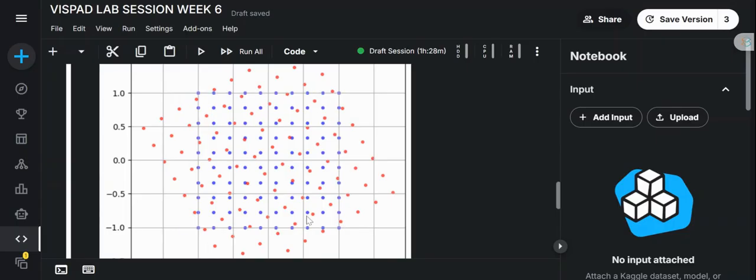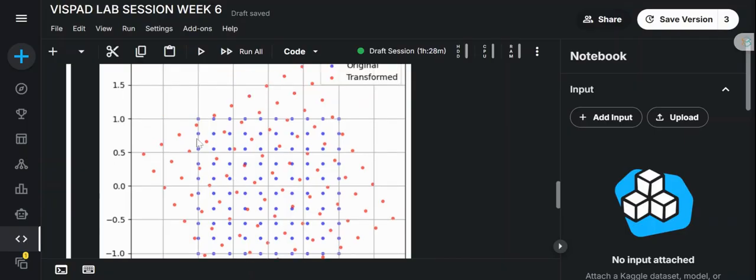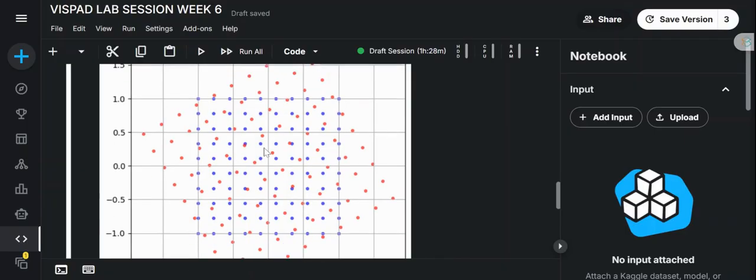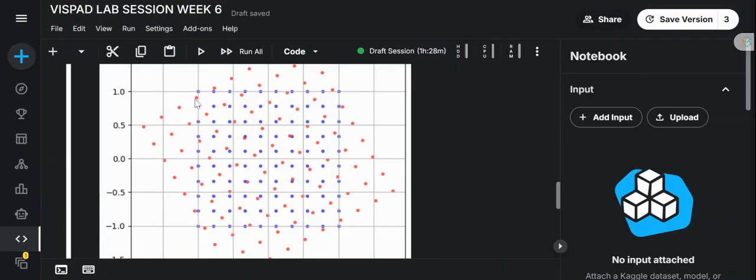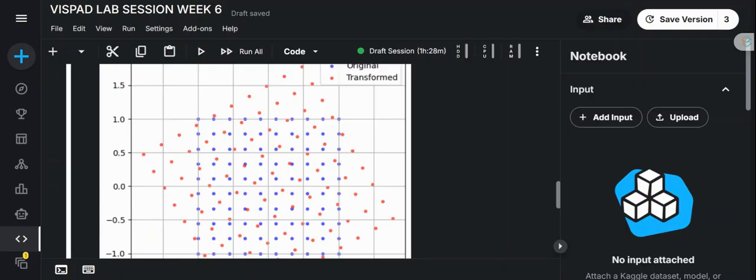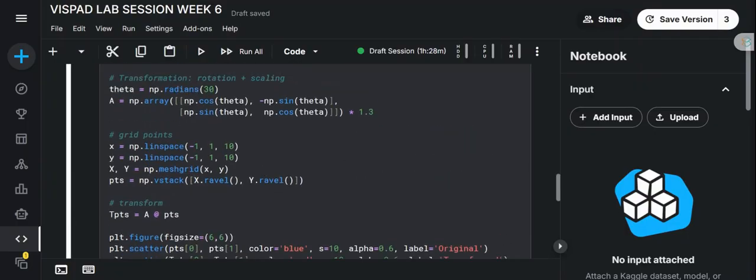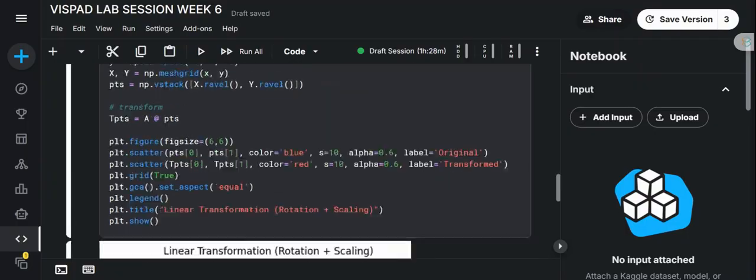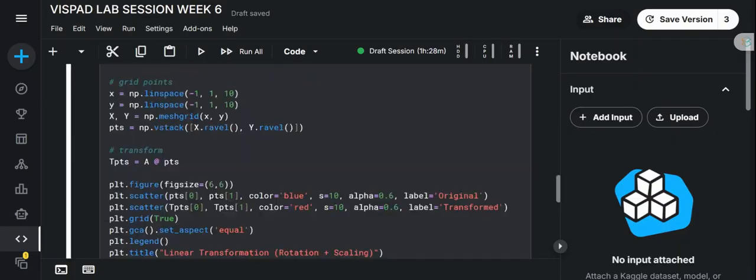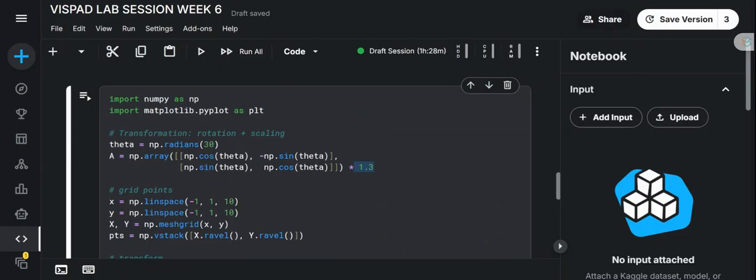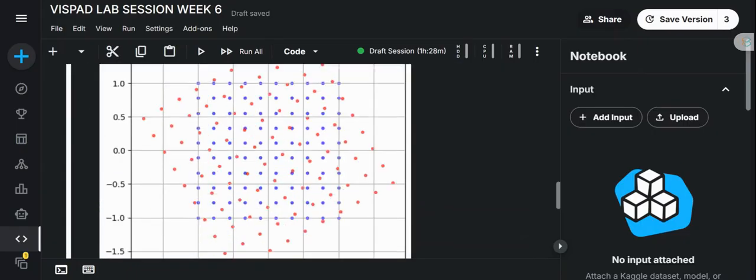And the geometrically transformed one is the red dots. As you can see, we've rotated and also increased the size of the matrix by scaling it by a factor of 1.3. So this is simply how to apply the geometric transformations and how they look.